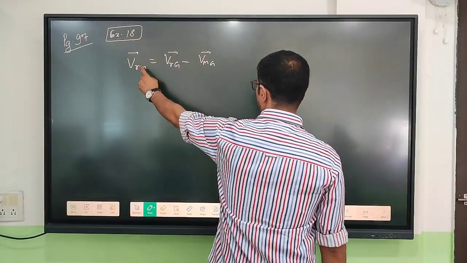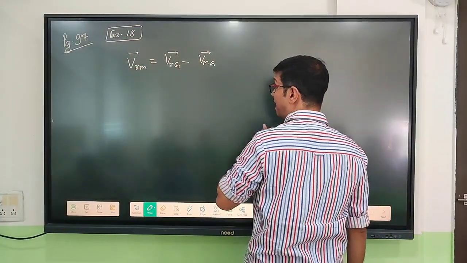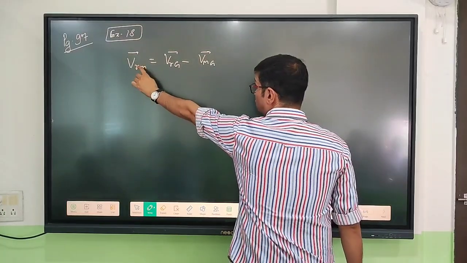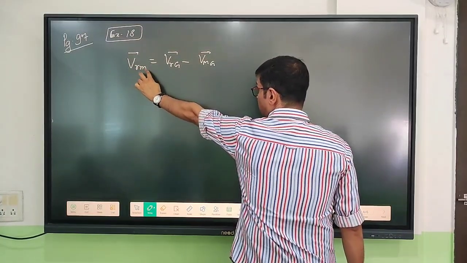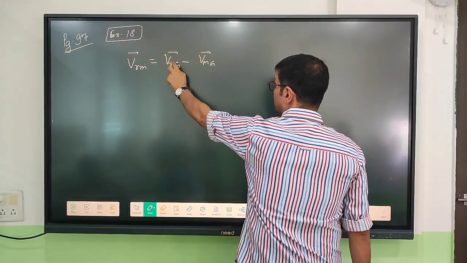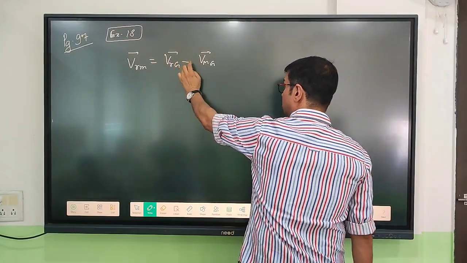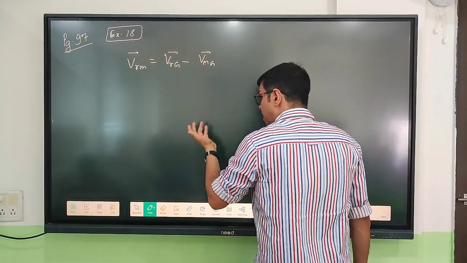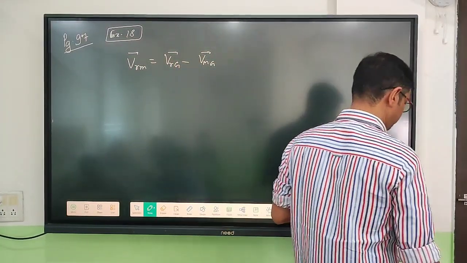Velocity of rain with respect to man, मतलब how would the man feel? Man is the observer. So velocity of rain with respect to the observer, which is man, is equal to velocity of rain with respect to ground minus velocity of man with respect to ground.